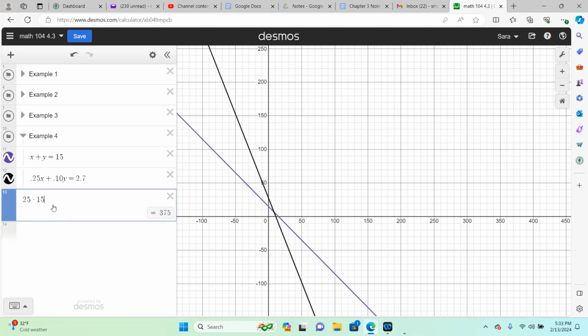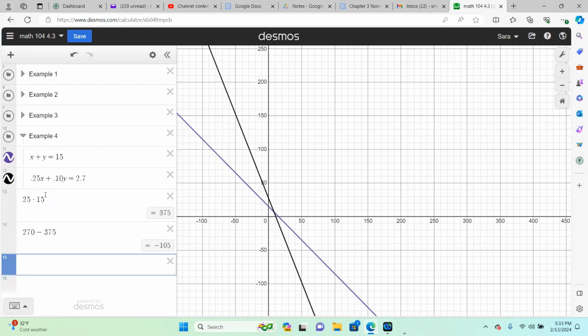Then when I combine like terms, I get 375 minus 15D equals 270. And then I'm going to subtract 375 from both sides. So it's 270 minus 375. So I get a negative 15D equals 105.